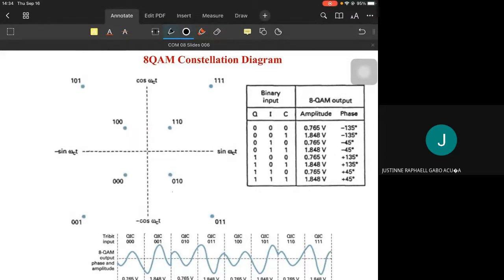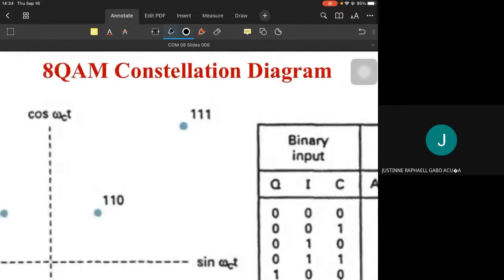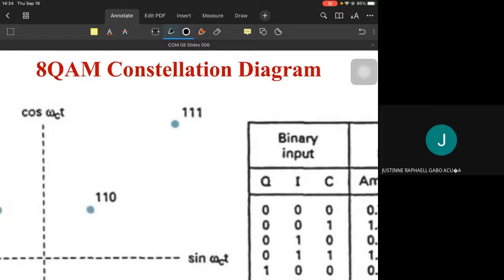So aside from that, aside sa kaning dots and symbols sa tunga, napod dili sa taas, no? So we could see for each point sa each quadrant, like here, like here, this represents one possible nga phase difference, isa lang ka phase difference, isa ni ka angle, right?